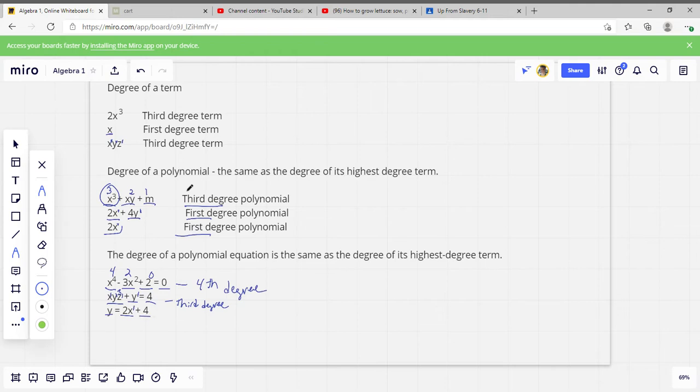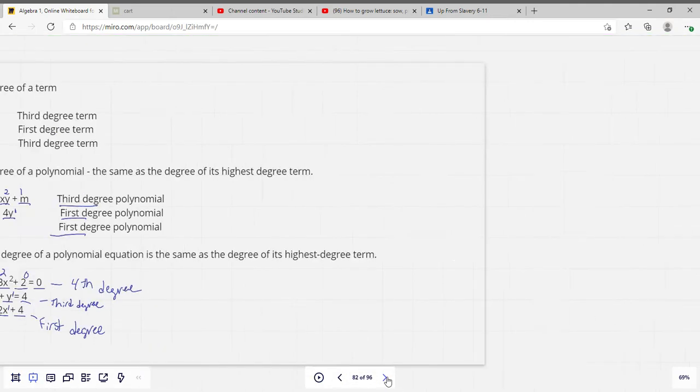This is to the 1, that's to 0, the y's to the 1, so that one is a first degree. Okay, so just like with polynomials, a polynomial equation, you just go with the degree that is the highest degree of each term.